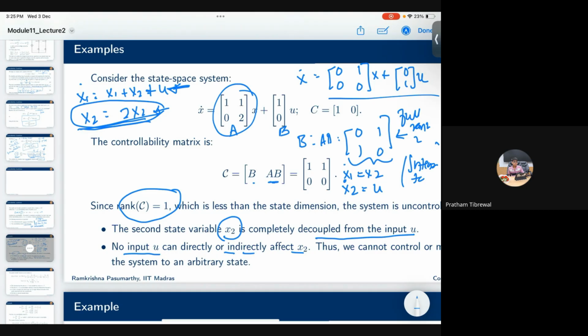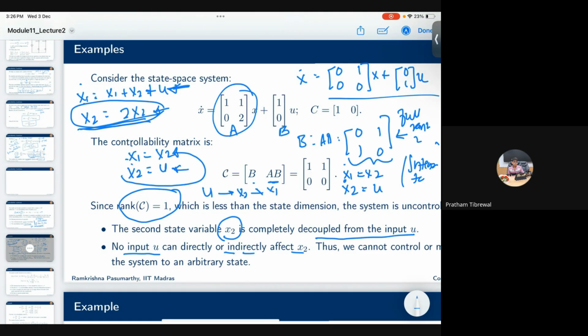Whereas in the second example, I have x1 dot is x2, x2 dot is u. Of course, u directly affects x2, but through x2 I can influence x1. So first I start with u, which influences x2, and indirectly I can influence x1.